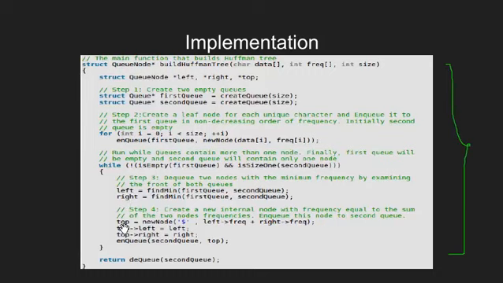We now form a new internal node and assign its frequency as the sum of frequencies of its two children, and also add left to its left child and right to its right child. Finally, we enqueue this node to our second queue. Once this loop is over, we return the only node that is left.